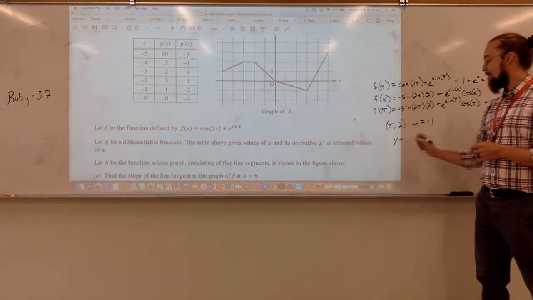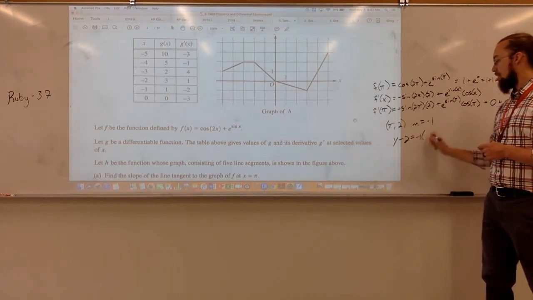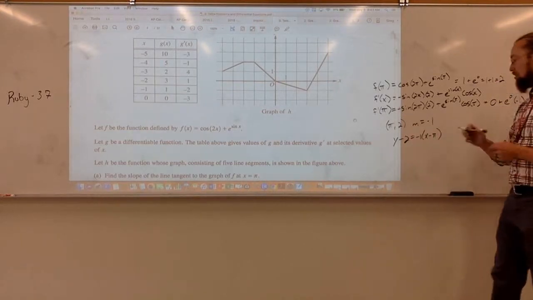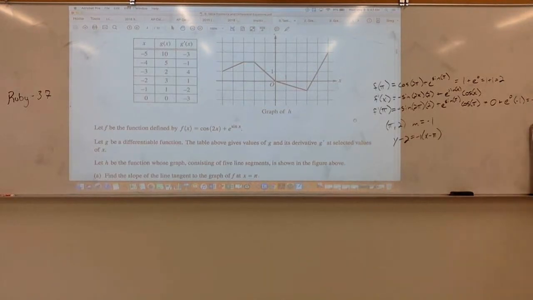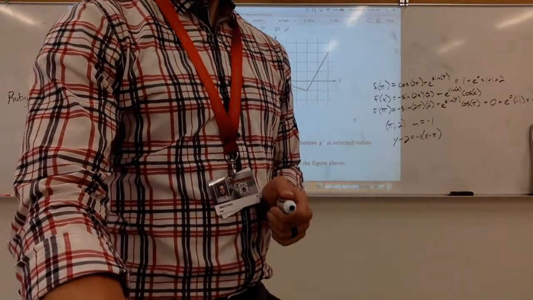So y minus y1 equals m times x minus x1. So that's part A. All we dealt with was f for part A here.